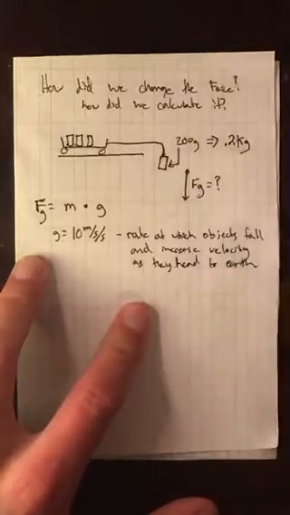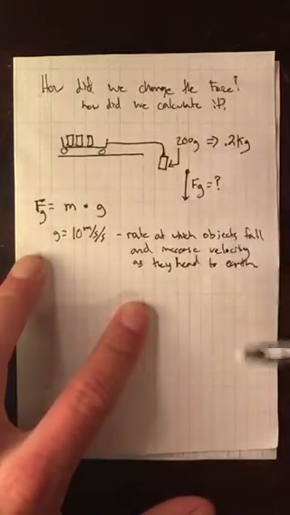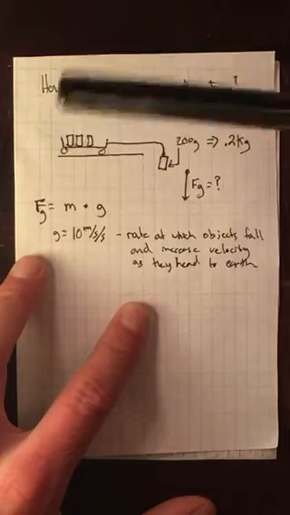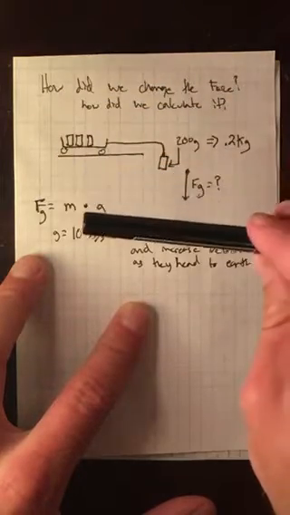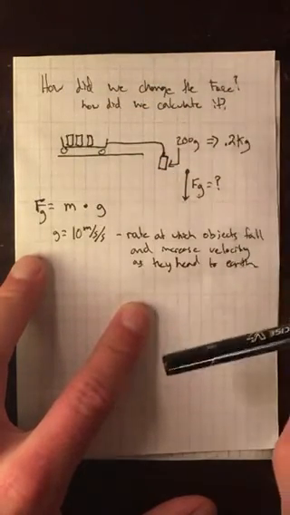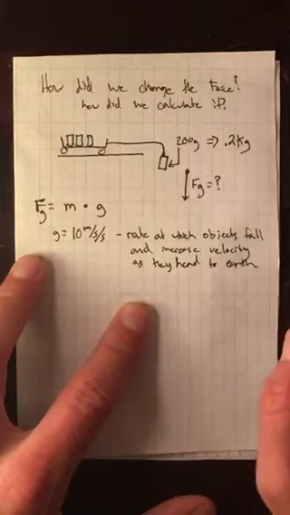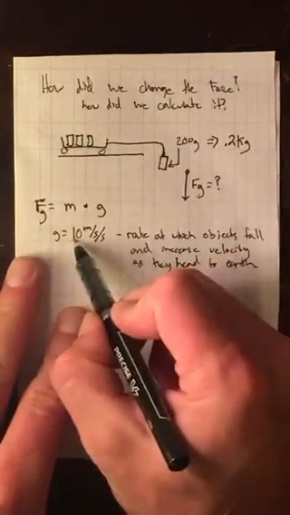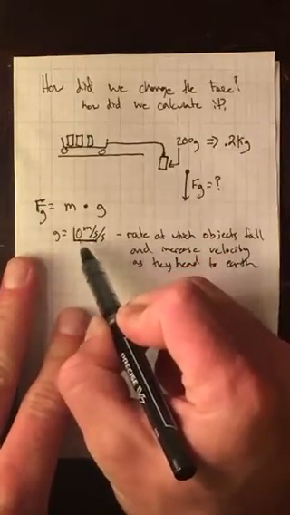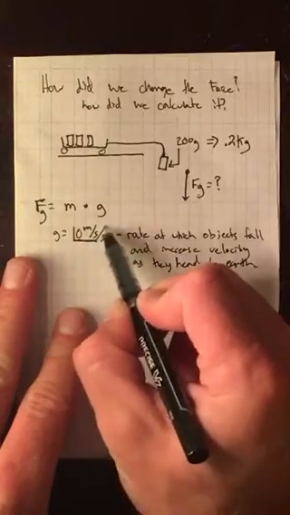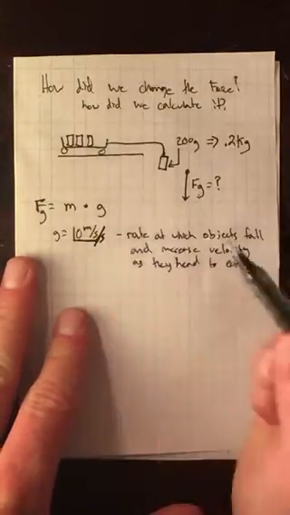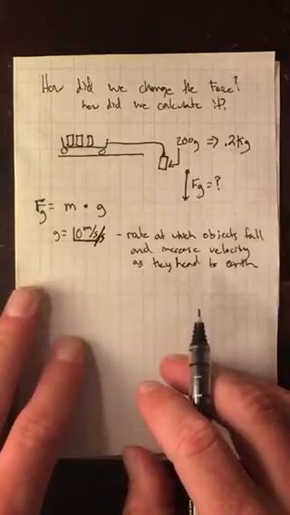If I drop something, it's going to be moving 10 meters per second at 1 second, 20 meters per second at 2 seconds, 30 meters per second at 3 seconds. Its velocity is increasing 10 meters per second each second. That's what little g is.